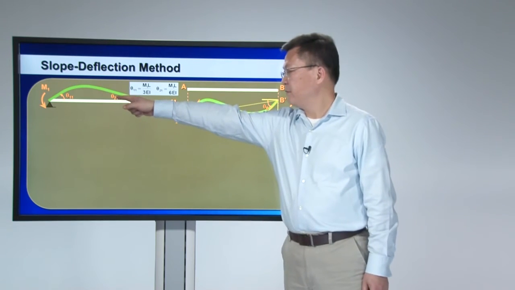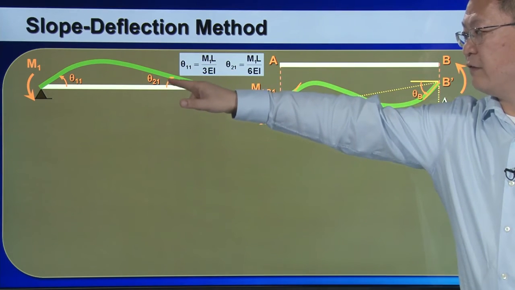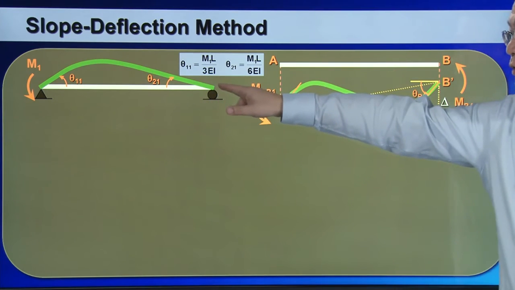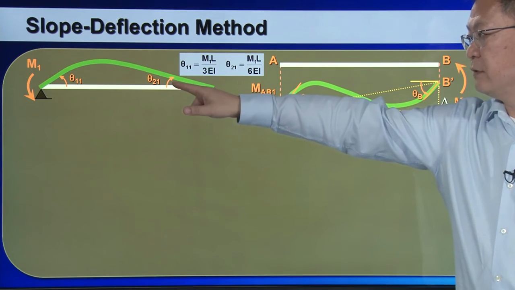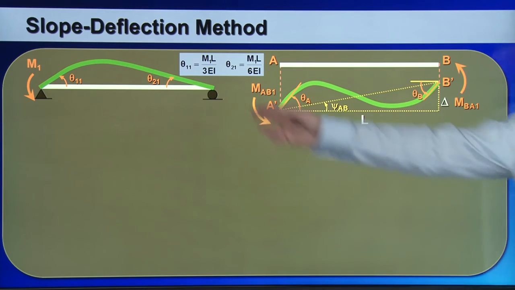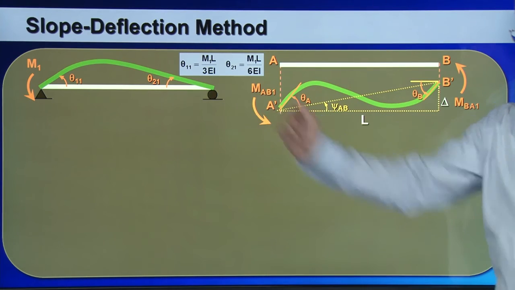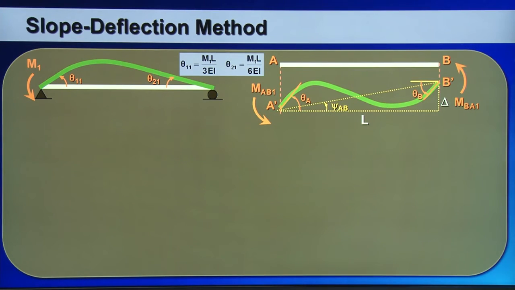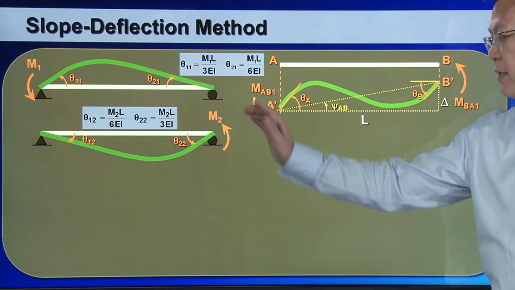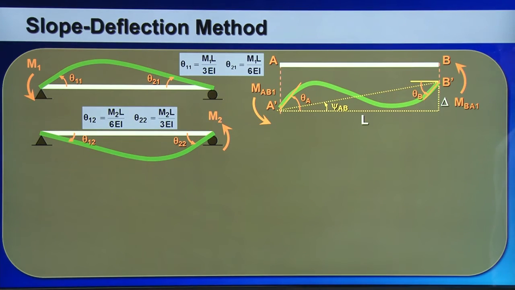Assuming that I have a simply supported beam, I apply an end moment of M1 at the left end. I can calculate the rotation angle at the left end and right end. I can establish this relationship through the Castigliano principle. Next, I can do the same thing, but now applying the bending moment M2 at the right end of the beam.